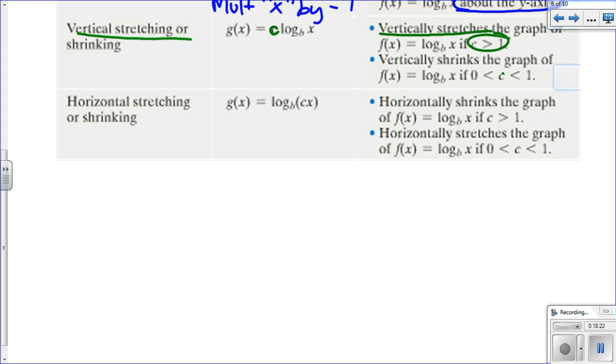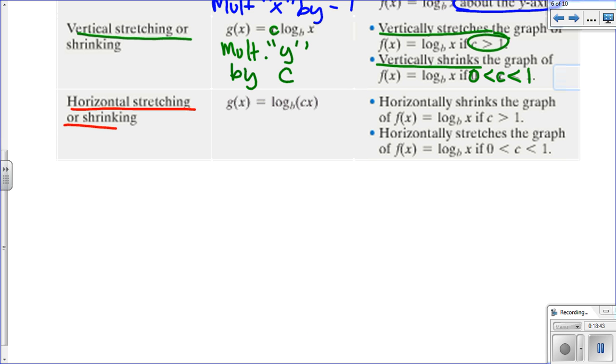And if the coefficient is less than 1, but still positive, that's why we say greater than 0, then the graph will be vertically shrinking. And in this case, you will multiply the y by the constant.